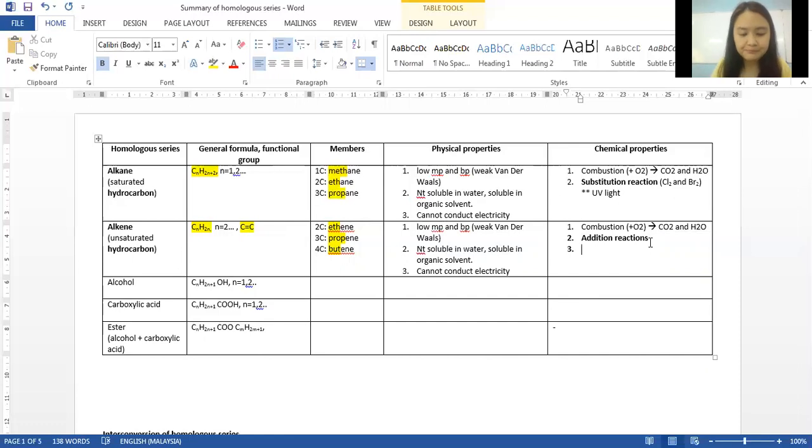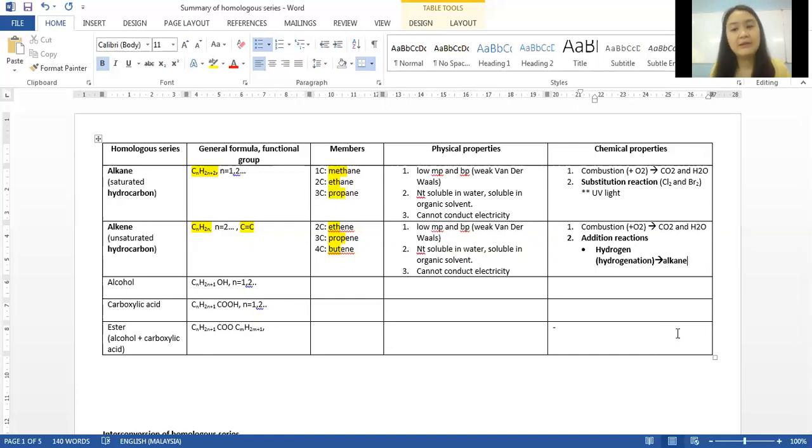For example, the first one, you can add hydrogen into an alkene. When you add hydrogen, or H2, into an alkene, the process has a specific name called hydrogenation. When you perform hydrogenation of alkene, you form alkane at the end of the day. For example, if I have ethene and add hydrogen, I will get ethane.